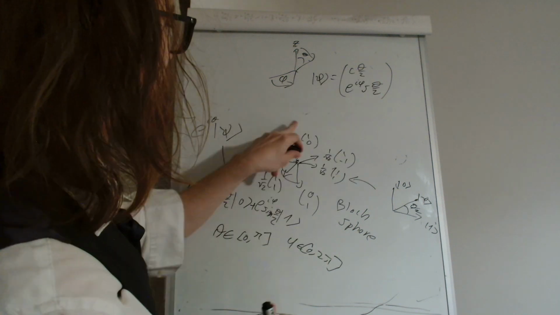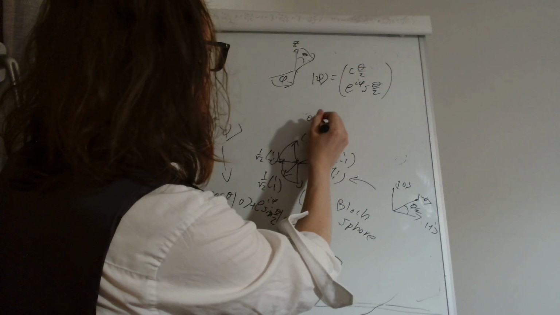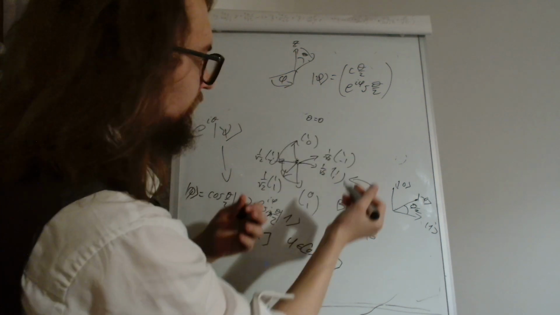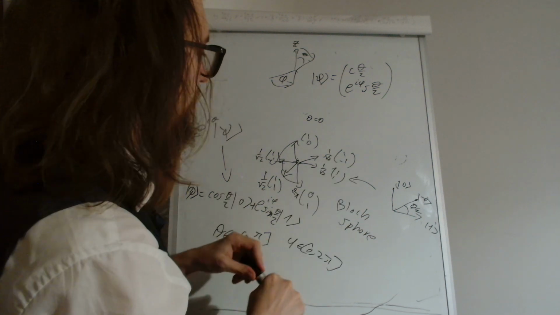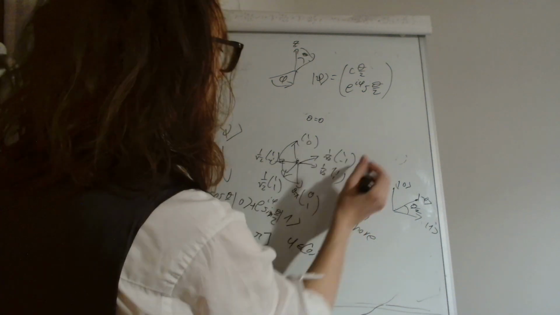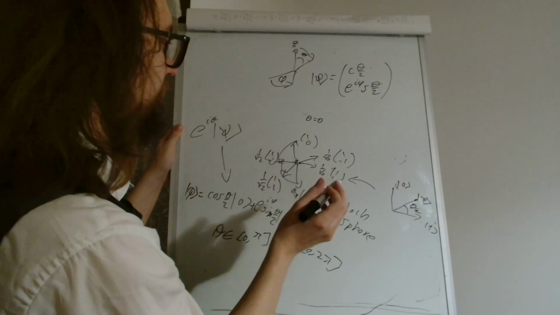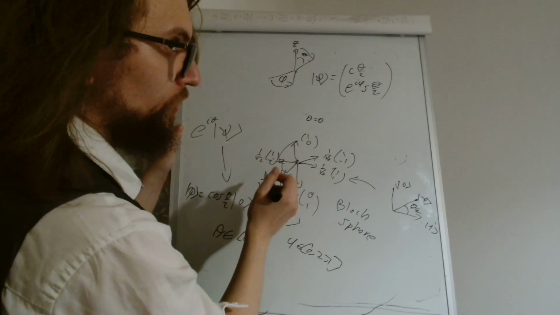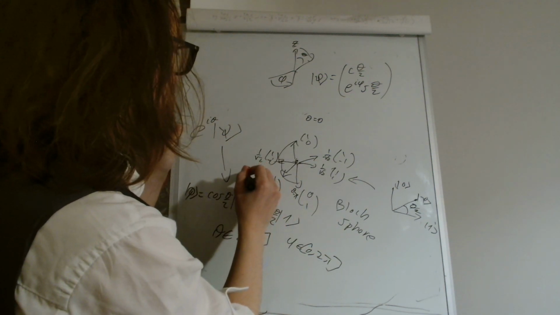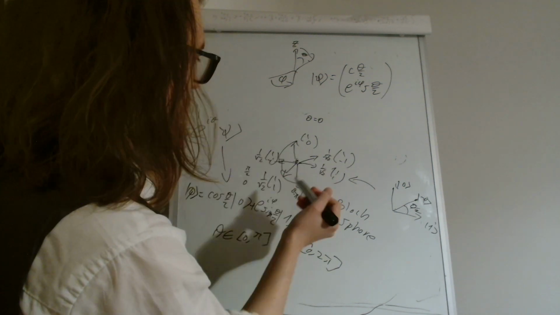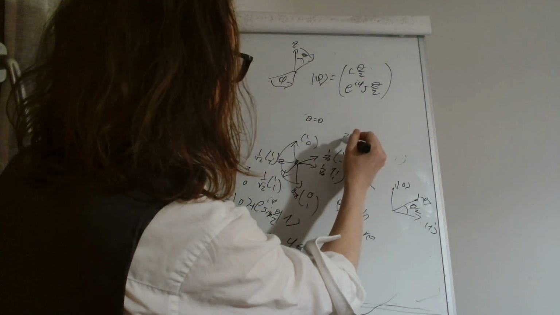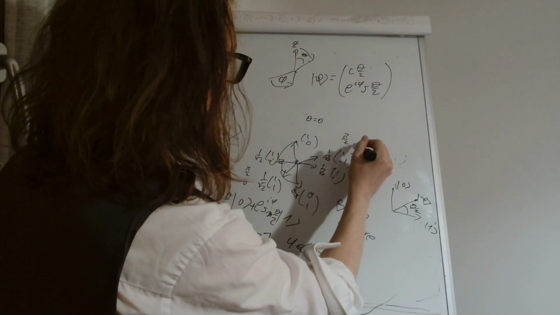So here we have theta equals 0, phi can be anything. Here we have theta equals pi, and here in the x-axis theta equals pi half, and so on. So phi equals 0, and here pi half, and phi equals pi.